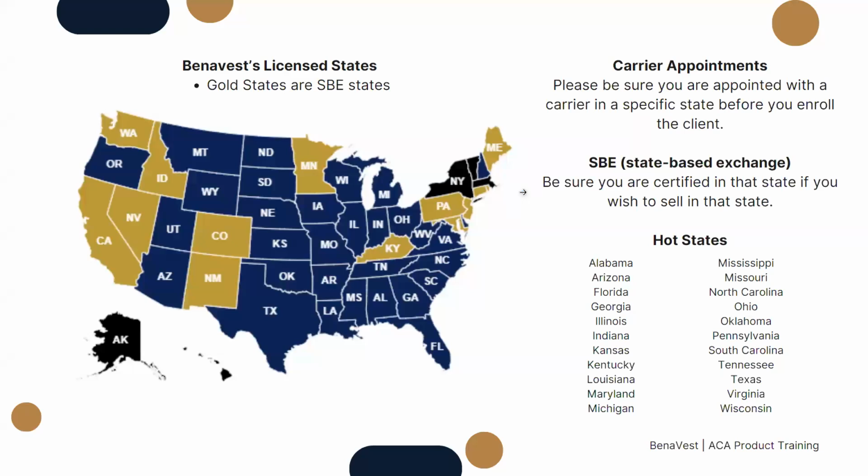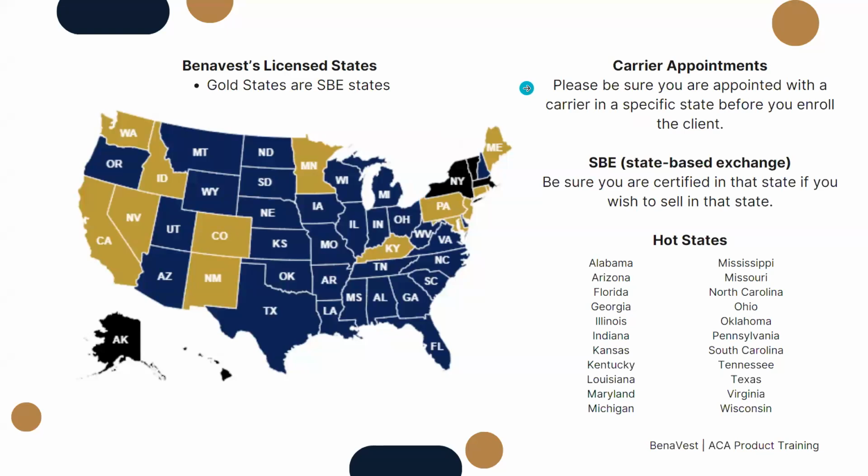So be sure that you are certified in that state if you wish to sell in that state. So if you want to sell in Pennsylvania, for instance, you need to have the state-based certification. Inside of that certification, you'll learn the enrollment process for that specific state.